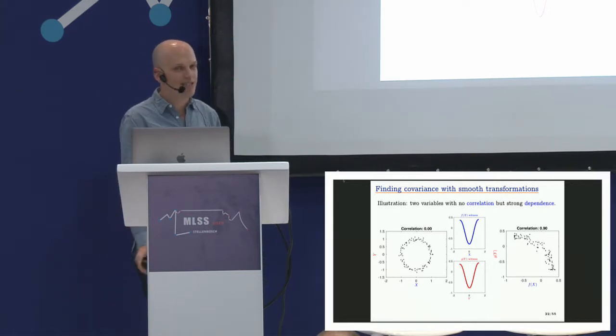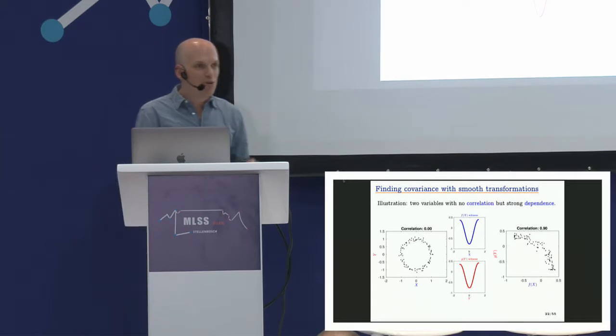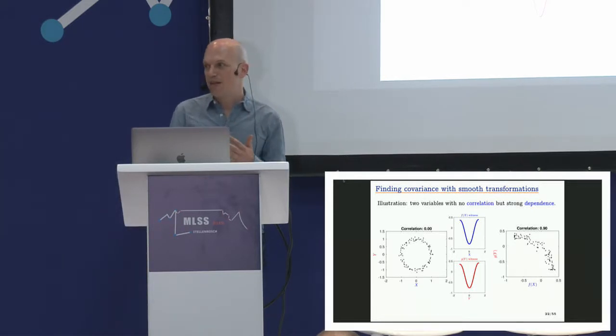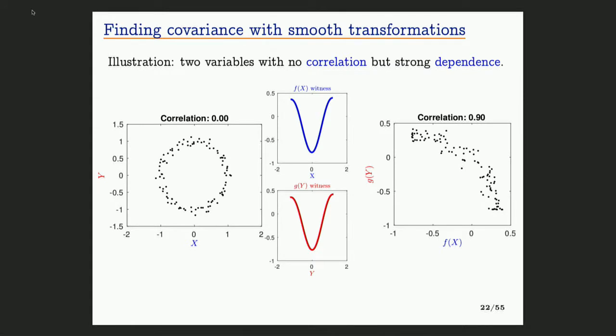Very significant. So a more general way to characterize dependence is to ask not whether there is a strong linear correlation between x and y, but whether, if I map x through a simple function and y through a simple function, I get strong linear correlation.